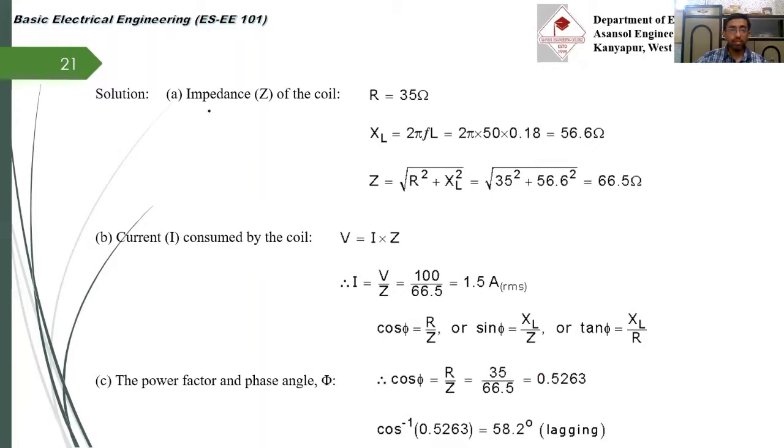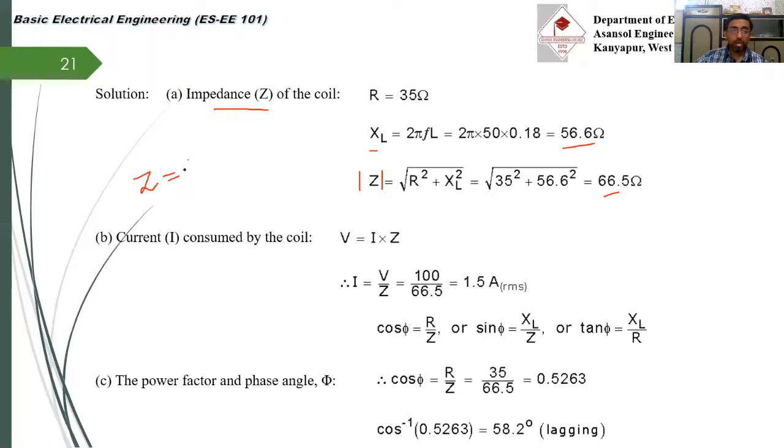So let's see impedance of the coil, that is R equals to 35 ohm. XL value is calculated 56.6. So Z value is given. Whatever Z value calculated here is the modulus value. So what is the final Z value?